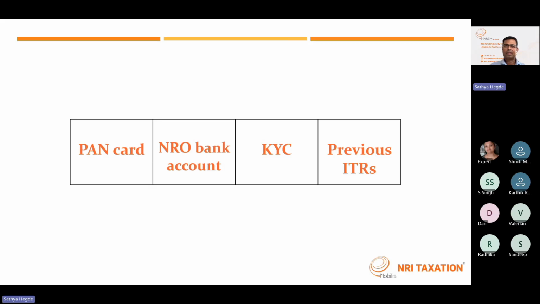That is the last thing you want, your money getting stuck in Indian banks. So make sure you prepare your documentary evidence in terms of PAN, NRO, KYC, and tax returns. Keep it ready so that whenever you sell your property, your proceeds can be repatriated very quickly.